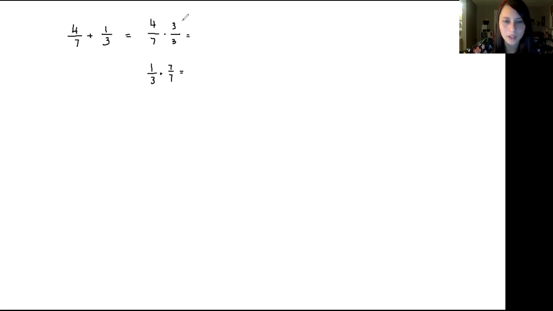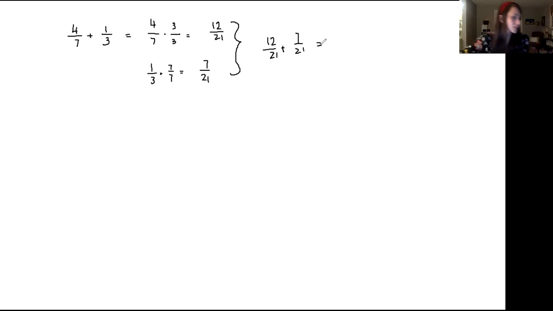So what we have now is 12 over 21 and 7 over 21. So we can rewrite them as 12 over 21 plus 7 over 21, and then we can just add this like normal. When we add it, we get 19 over 21. And I don't think we can simplify this, so this is our answer.